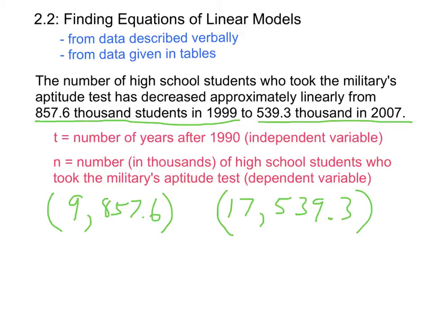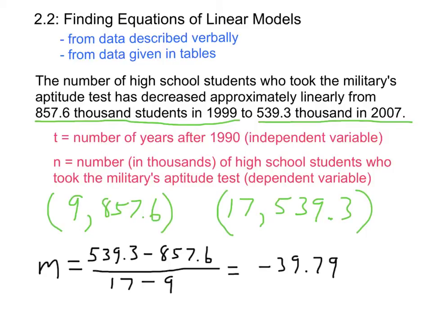So basically, all we need to do is find the equation of a line that passes through these 2 points, which we've already learned to do in a previous section. The first step would be to calculate the slope between these 2 points. We just use our usual slope formula of y2 minus y1 divided by x2 minus x1.